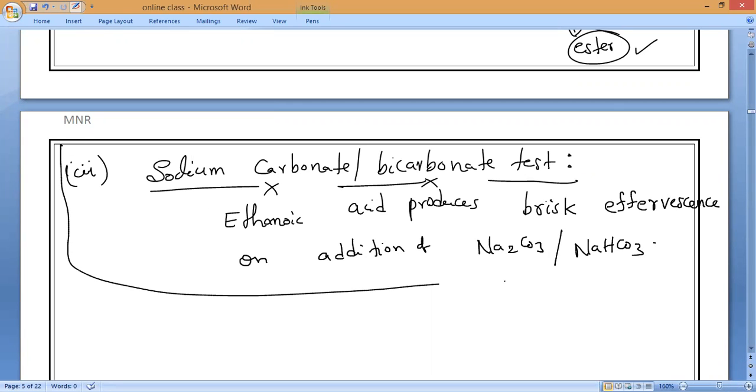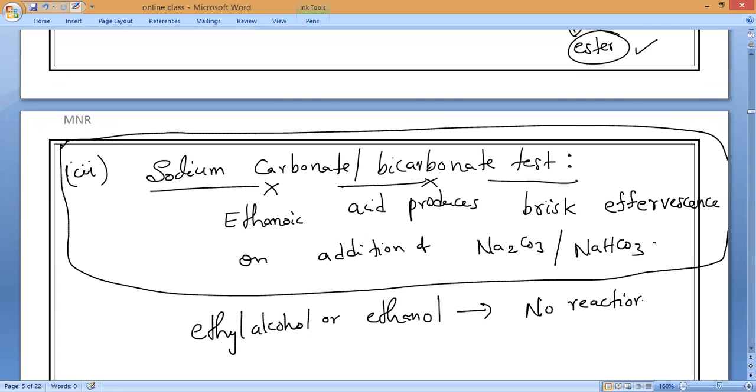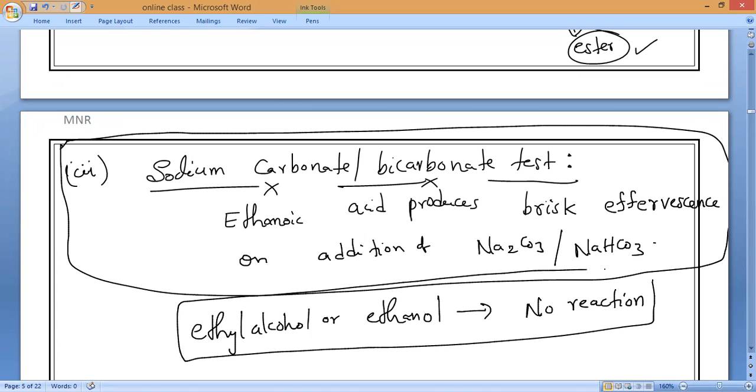Remember, please write the same test in the place of ethyl alcohol, as yesterday also. What is the reaction of ethyl alcohol or ethanol with carbonates or bicarbonates?